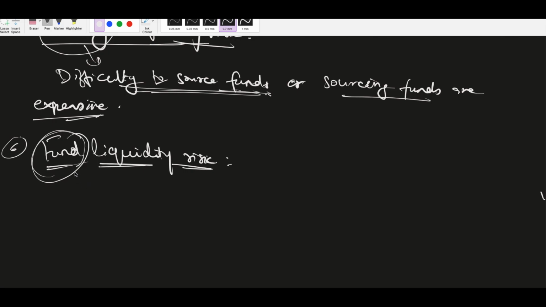When huge redemption takes place, the fund might find it difficult to repay, and they might freeze the redemptions. When they freeze redemptions of units, it is called gating.